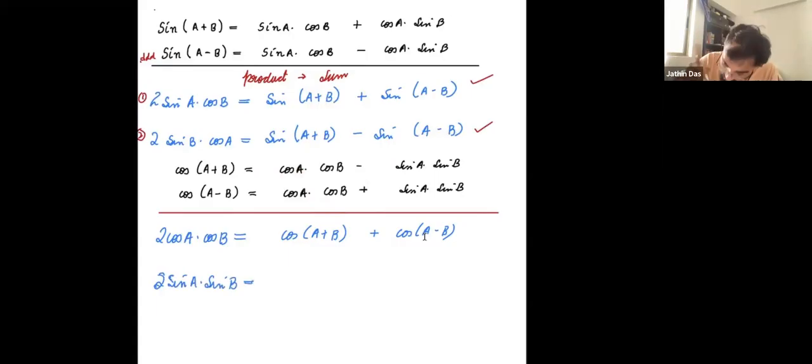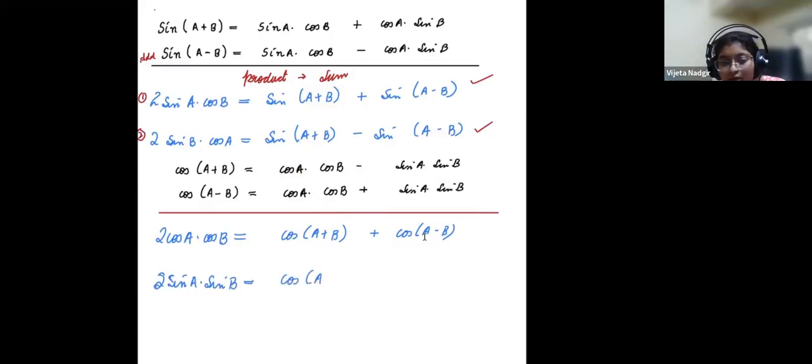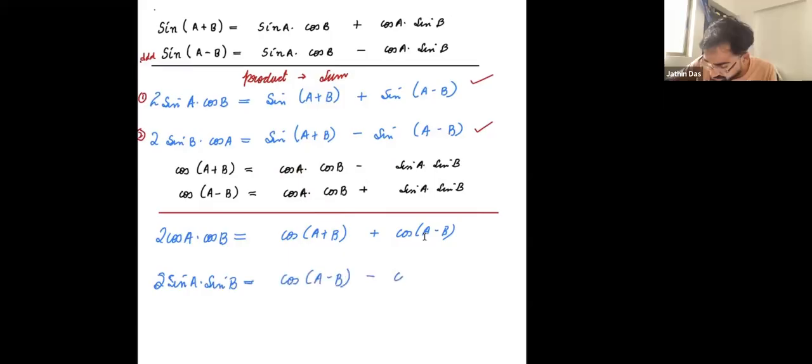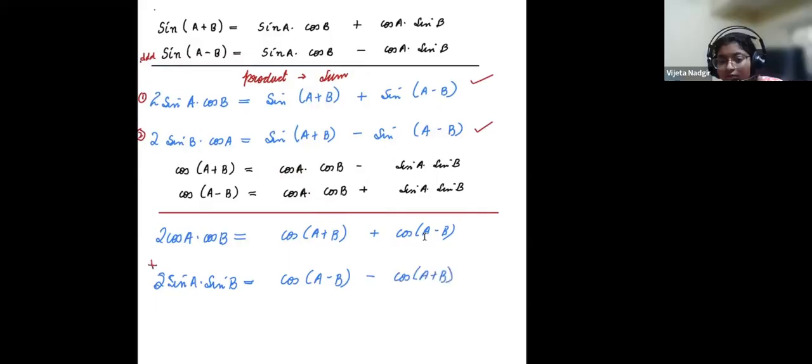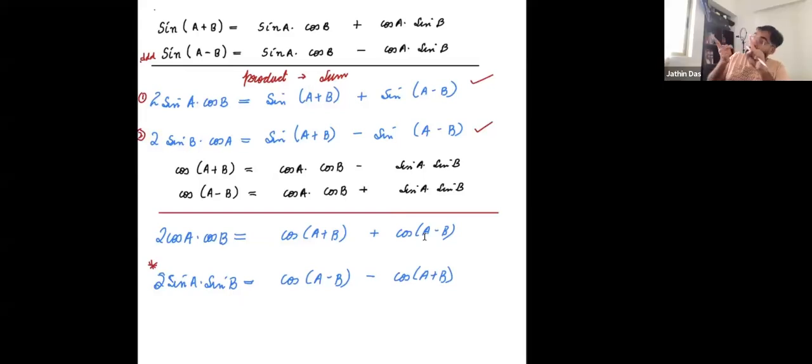Cos A minus B minus cos A plus B. So this is a little bit different, so you put an asterisk. When there is a product of 2 sines, you take cos A minus B, that will be bigger. Cos A minus B minus cos A plus B.